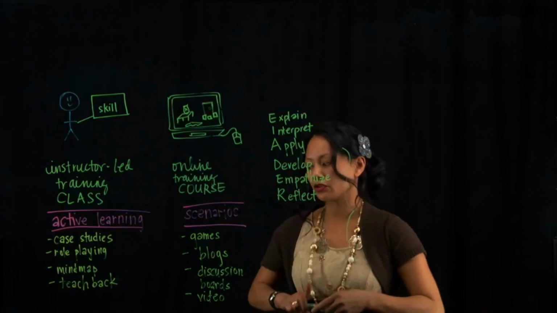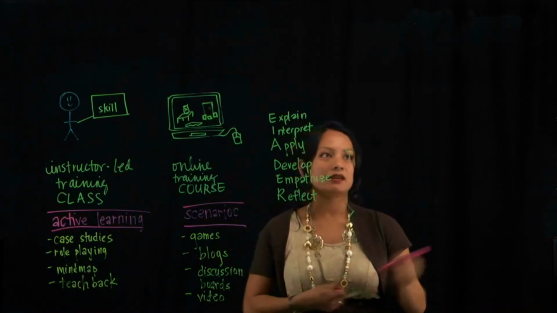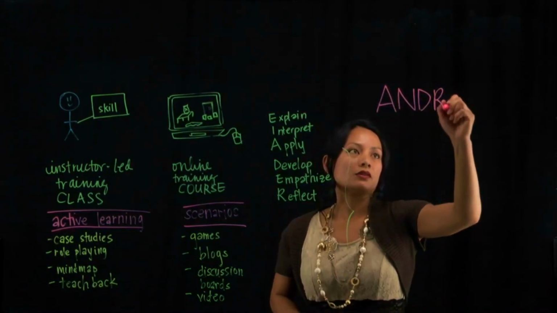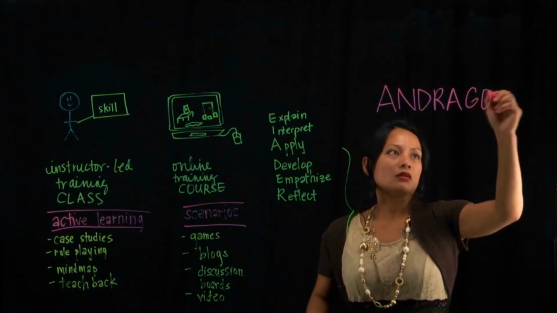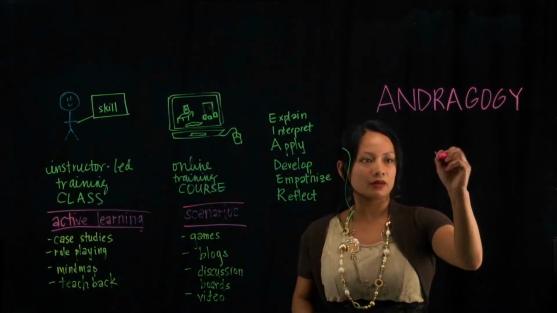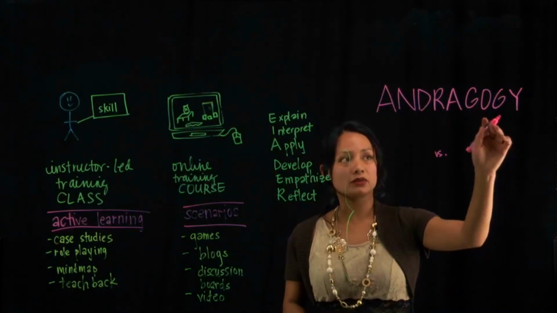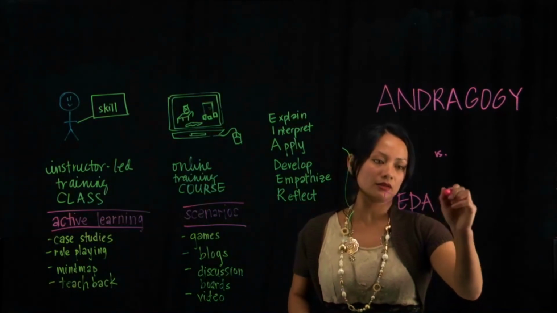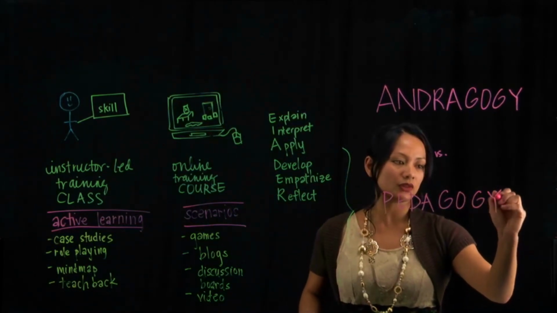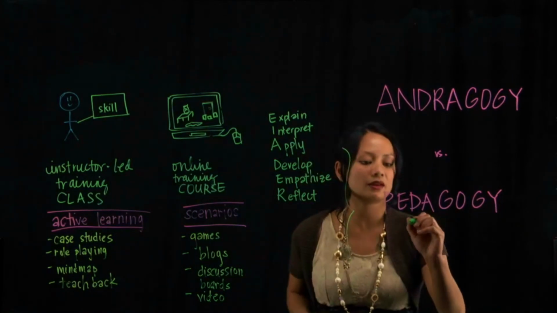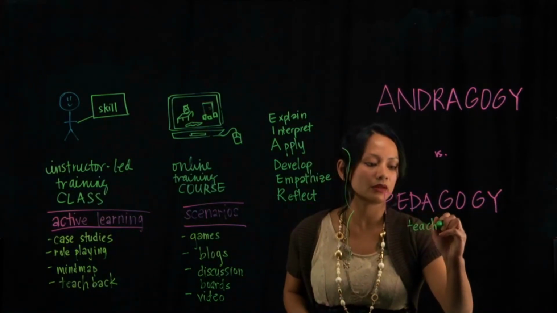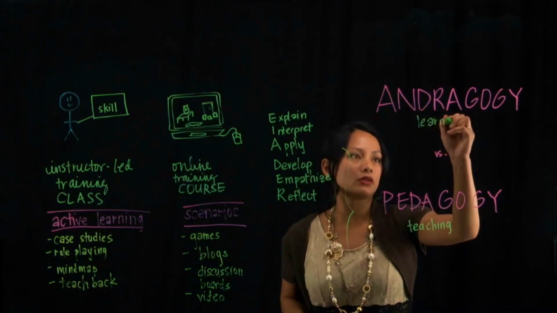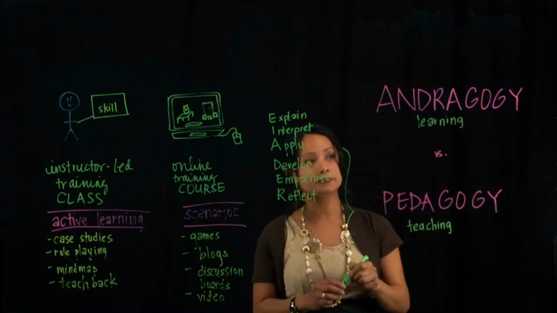In essence, what you're trying to do at this point is encourage the use of andragogy, which is a fancy word that speaks to the development of learning, which is different than what is often done in some of the classes, which is a focus on pedagogy, which is primarily worried about what the teacher does and the teaching experience. So one is all about the learner and their experience, and the other is about teaching.